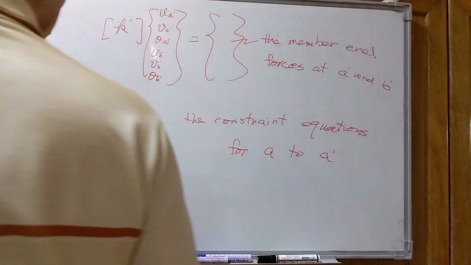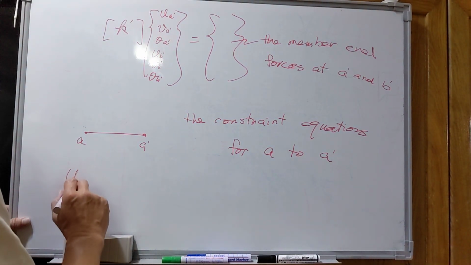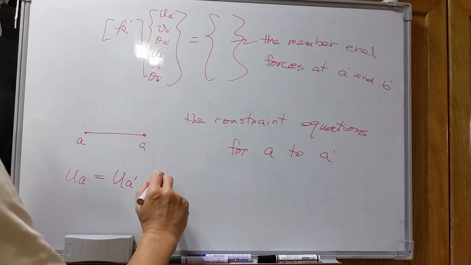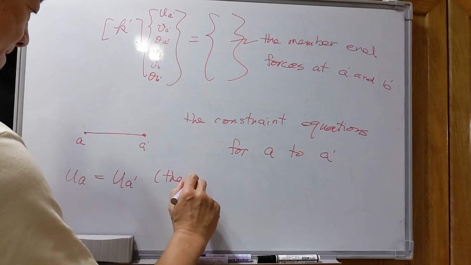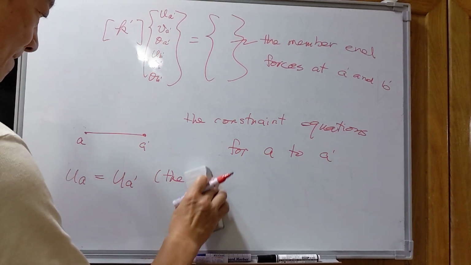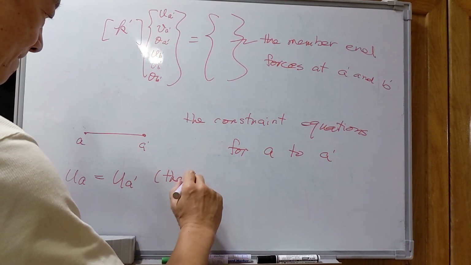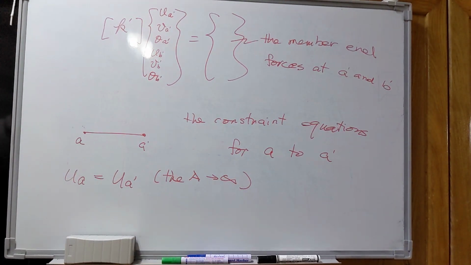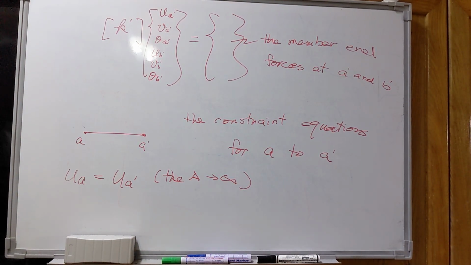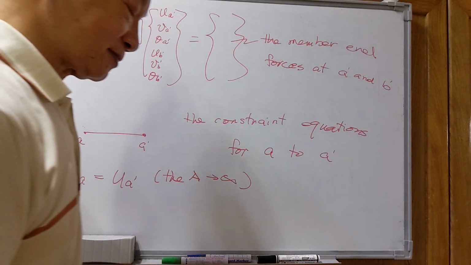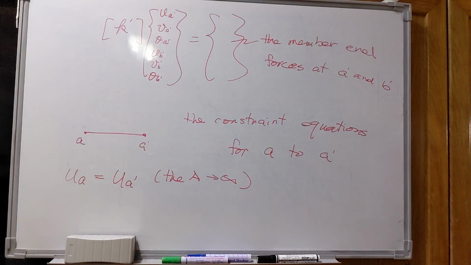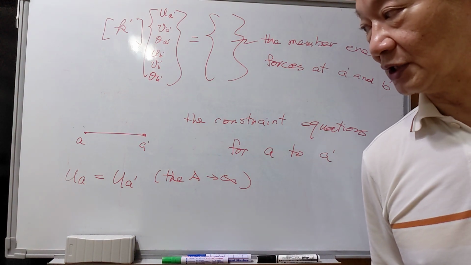So since the A approaches infinity, UA prime should be equal to UA.